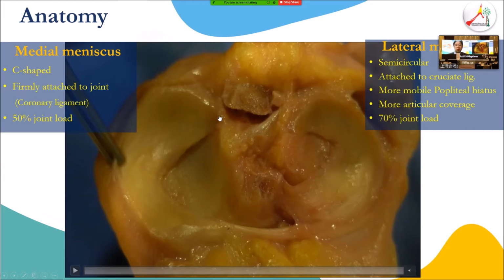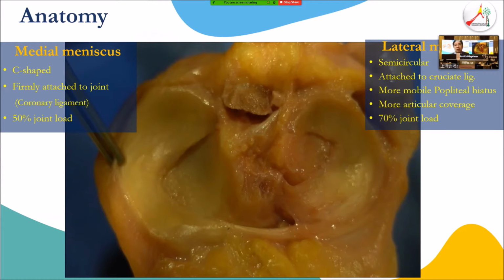So this is the medial meniscus and this is lateral. Today we are talking about meniscus extrusion or meniscus centralization. It always starts with a meniscus tear at the root. This is the root of the medial side and this is the root of the lateral side. Most of the time medial side tear is more common than lateral side.